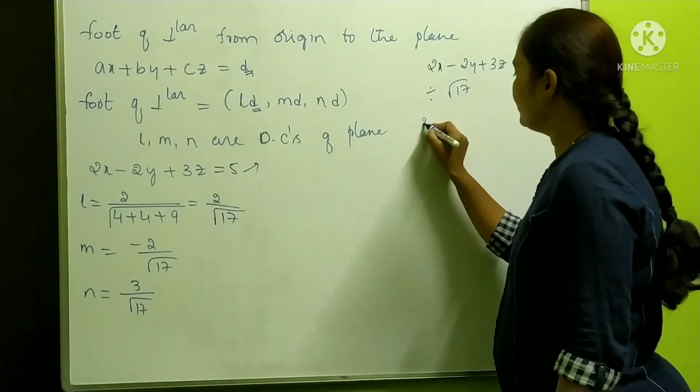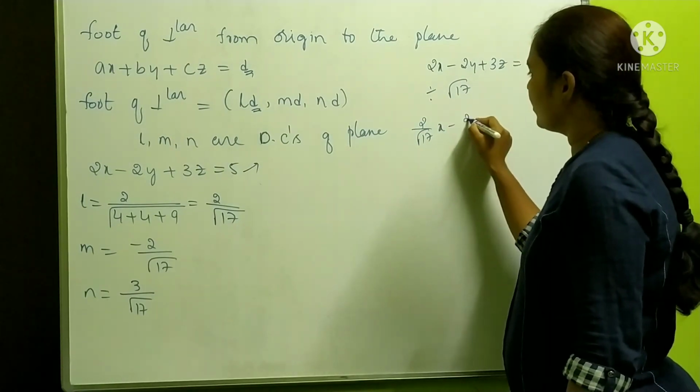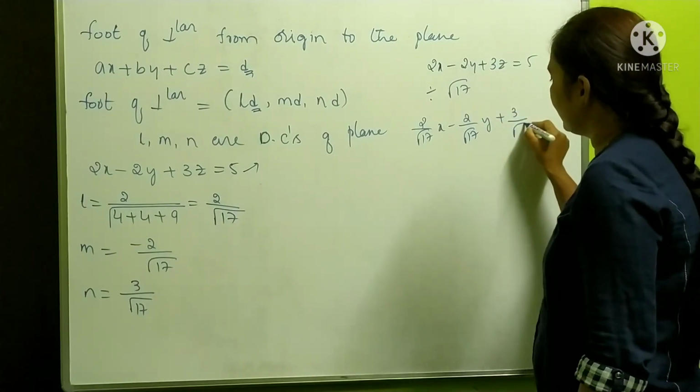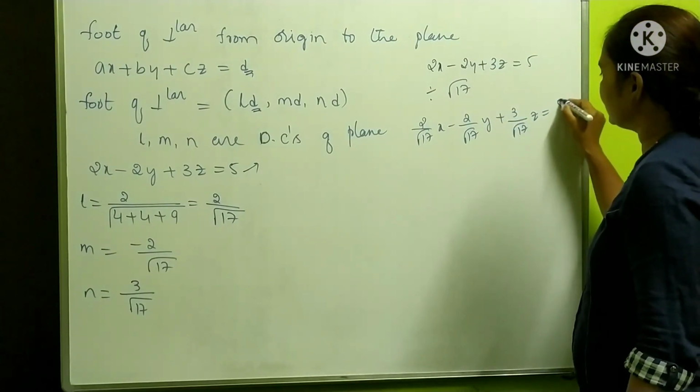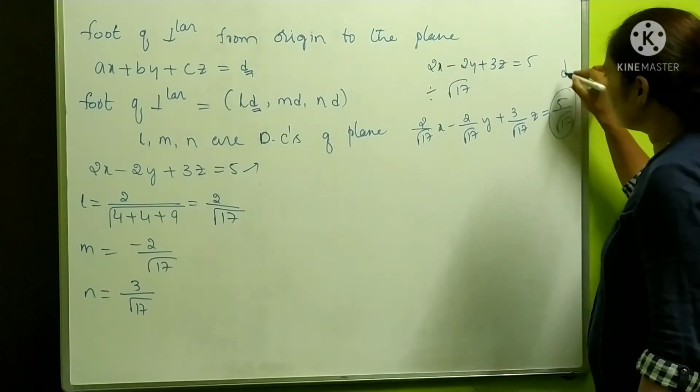So what it will become? 2 by root 17 x minus 2 by root 17 y plus 3 by root 17 z is equal to 5 by root 17. This value is d for us.